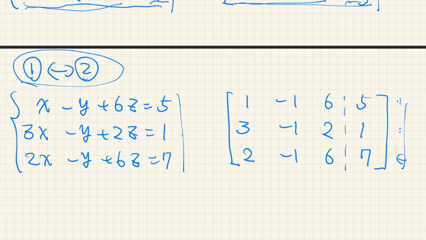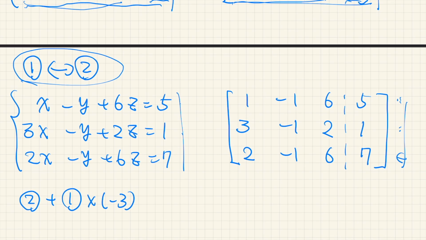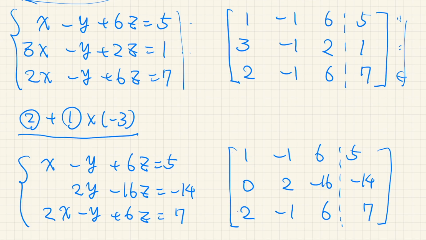And next, let's add to the second row the first row multiplied by -3. But don't change the first row. We only change the second row. Okay, we replace the second row by this operation, and we get this.